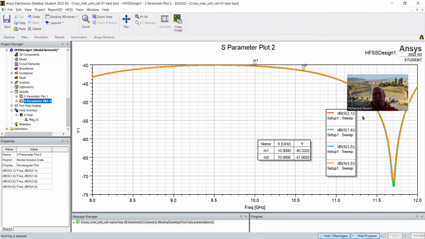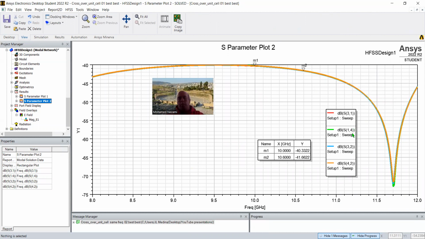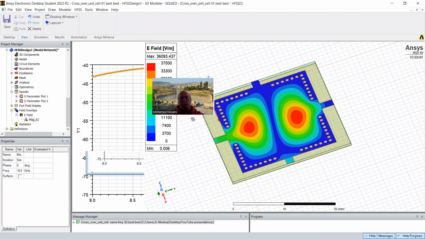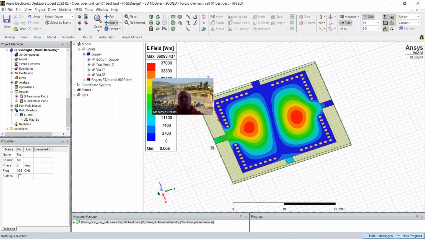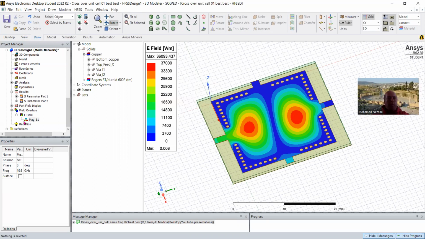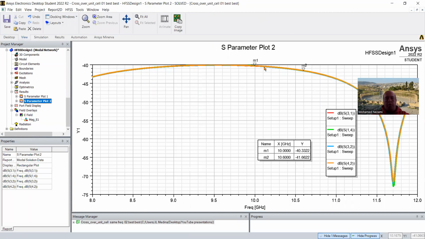This is sweeping the signal from 1 to 4, which are the orthogonal ports. So 1 to 4 in this case: 1, 2, 3, 4. Okay, so let's look at the E field, and the isolation is very good in this case.